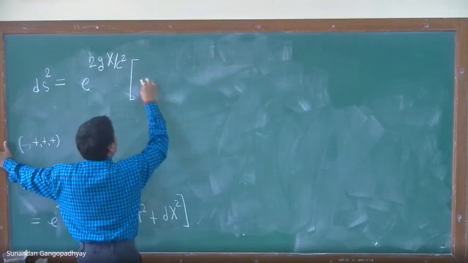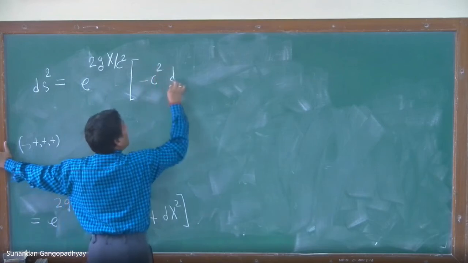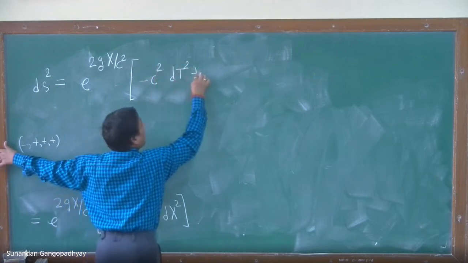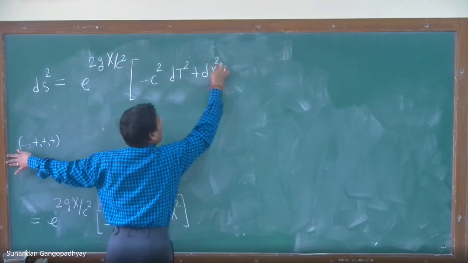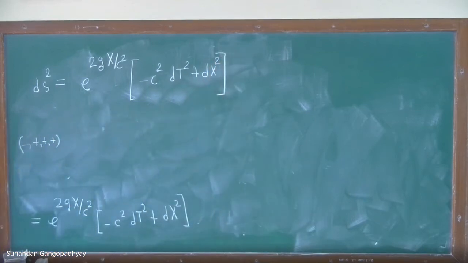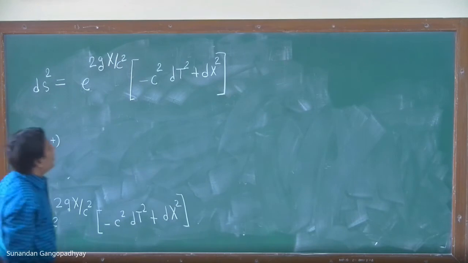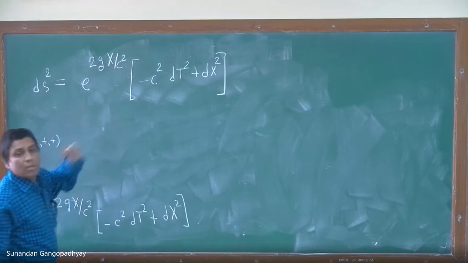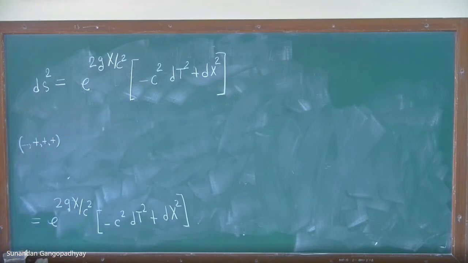So this is minus... okay. So this is the line element that a linear observer will measure of any two events. So this is the infinitesimal line element measured by a linear observer.